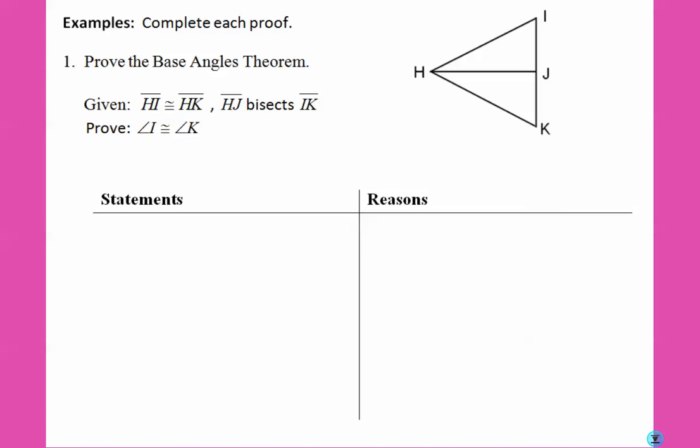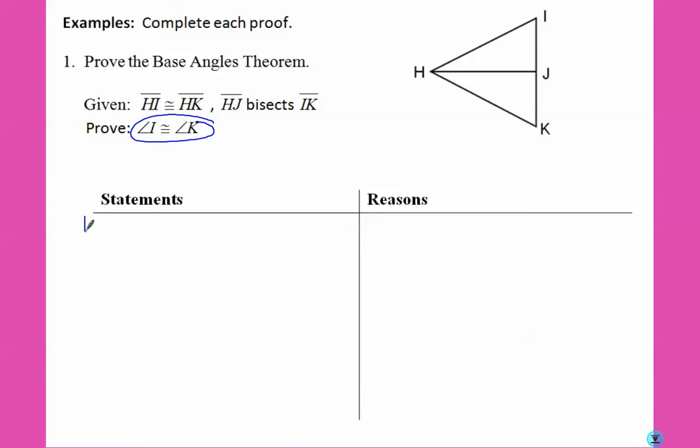So in our first proof, prove the angle-based theorem, which also means to prove that angle I is congruent to angle K. Given HI is congruent to HK and that HJ bisects IK.